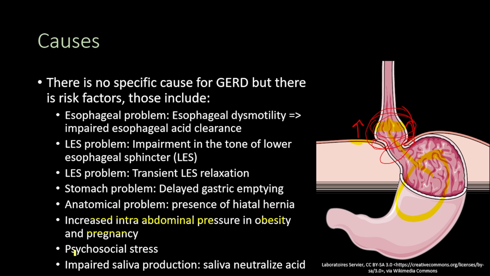In the risk factors we also have psychosocial stress, because stress leads to higher acid secretion and higher potential for acid regurgitation. And also we have impaired saliva production, because the saliva neutralizes acid. So once we have less saliva, this means that we have less ability to neutralize the acid.